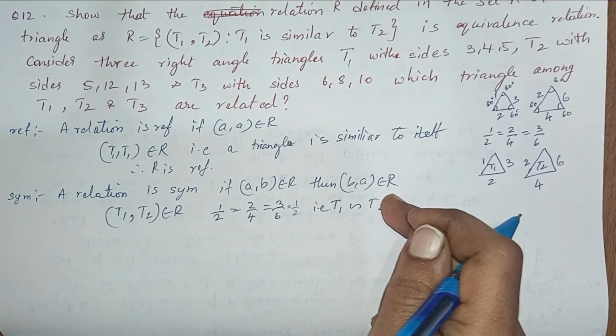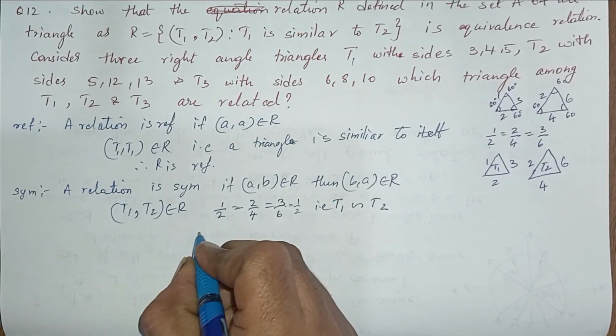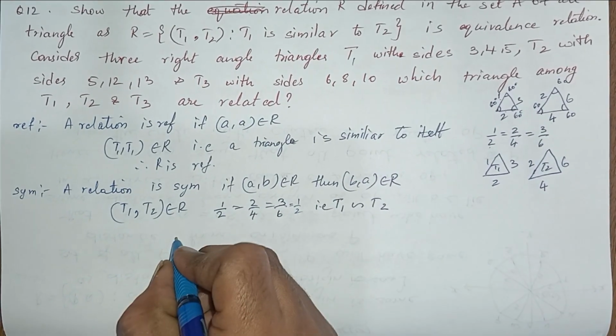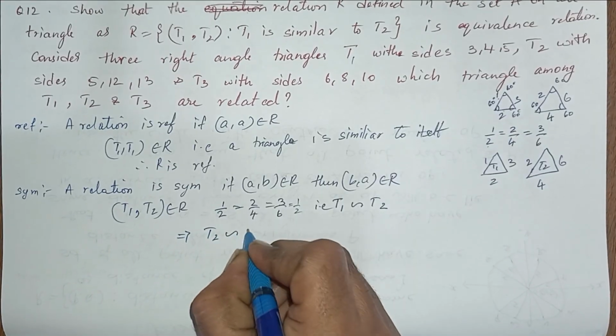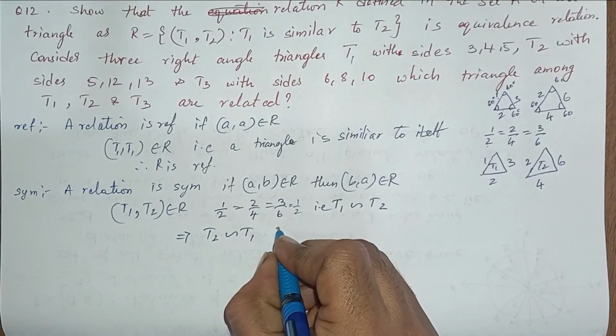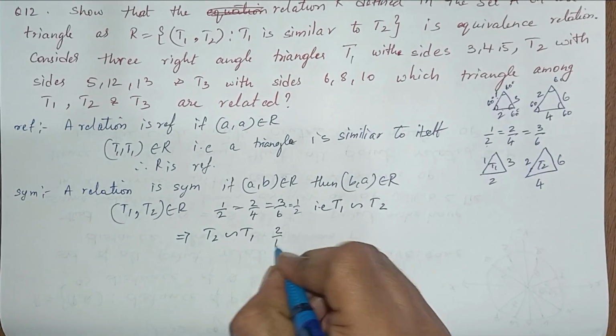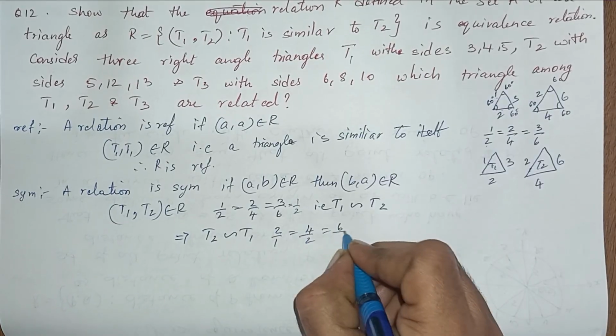Now we have to prove that T2 is similar to T1. So if we take the same thing, the first is 2 by 1 is equal to 4 by 2 is equal to 6 by 3.